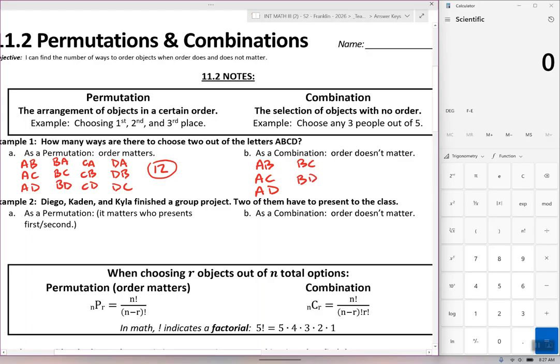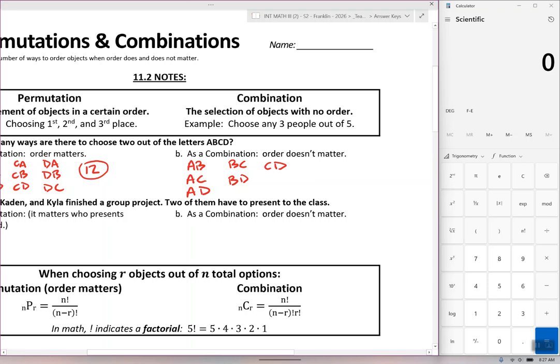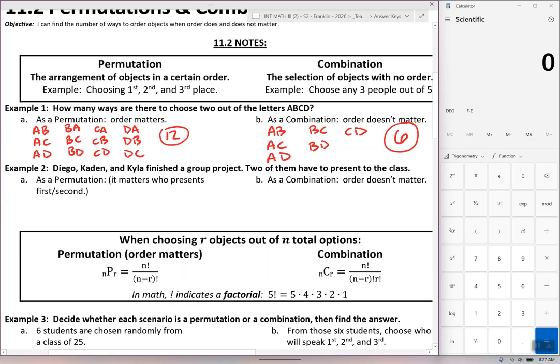For C's, I already have CA and CB, so we just have CD. And for D, I already have all the letters. I have DA right here, DB, and DC. So there are 6 ways if order doesn't matter. Permutations will always have more ways to do it than combinations because the order matters.